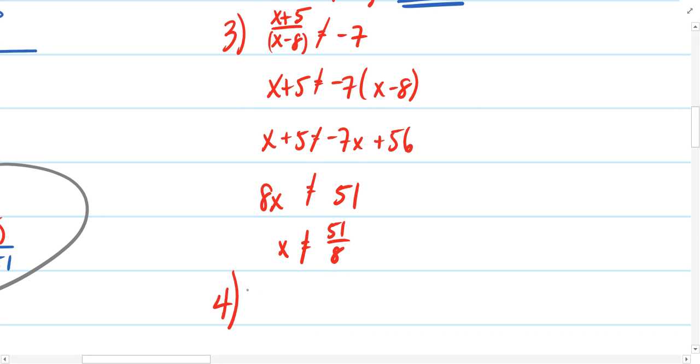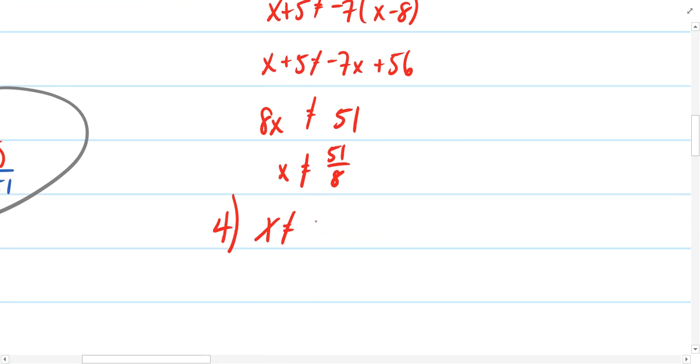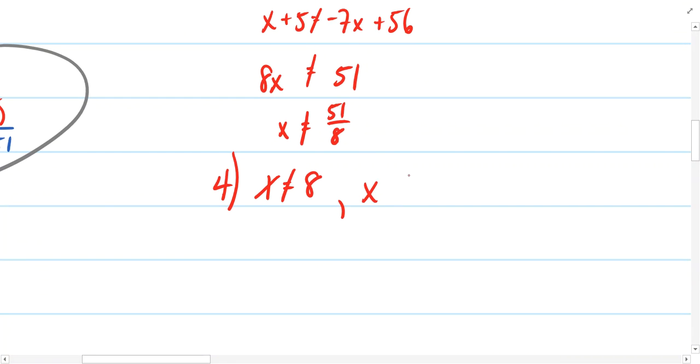When we report our final answer, the domain restrictions are that x may not be equal to number 1, so 8, and x may not be equal to the result that we got in number 3.